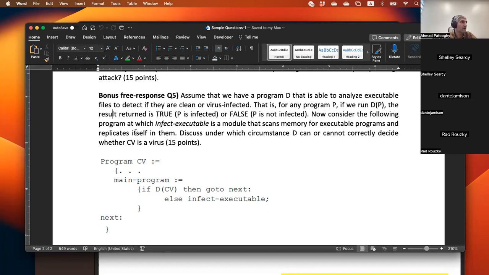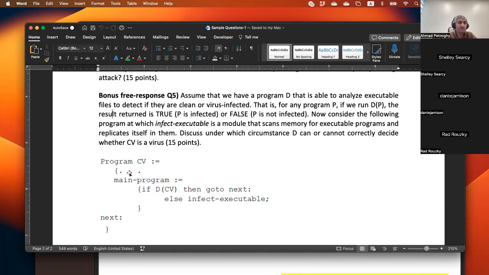Now consider the following program CV, in which infect executable is a module that scans memory for executable programs and replicates itself in them. So this is the situation that we are now dealing with. Discuss under which circumstance D can or cannot correctly decide whether CV is a virus. Basically, CV is our virus here.